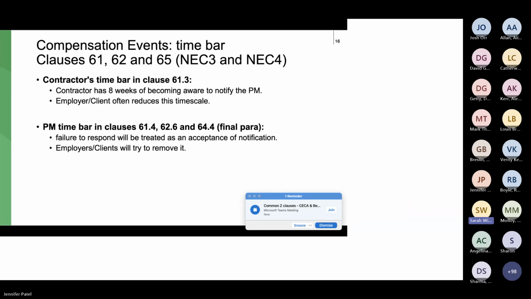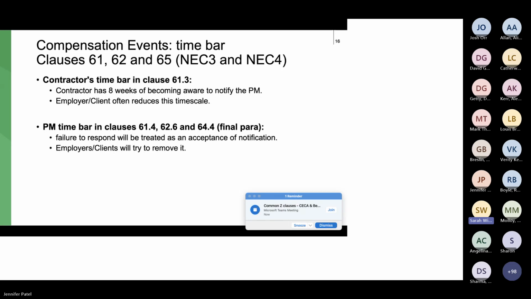Now, what I would say to contractors is these aren't the worst Z clauses to accept, because you might not have that mechanism, so you lose the opportunity to get the quote and the provisions deemed to have been agreed by the PM.